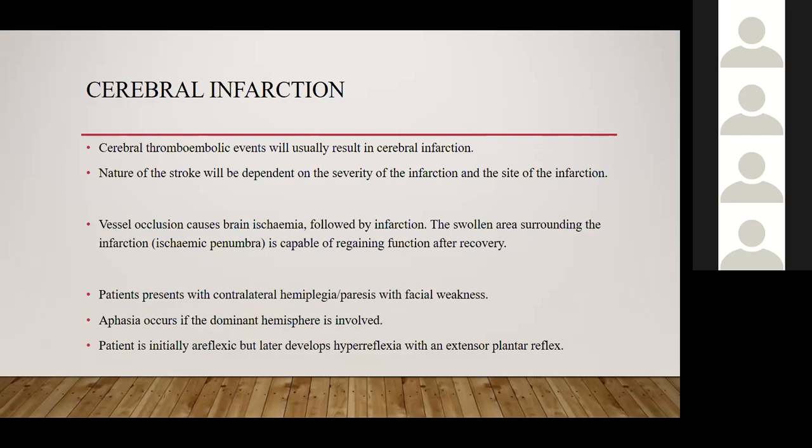But for upper motor neuron lesions like strokes, it will be what? An extensor plantar reflex. And also the reflexes will be hyper. Initially, they are areflexic, that's the initial stage where the stroke is still in evolution. But once the stroke becomes established, they will have hyperreflexia. They will have an extensor plantar reflex.